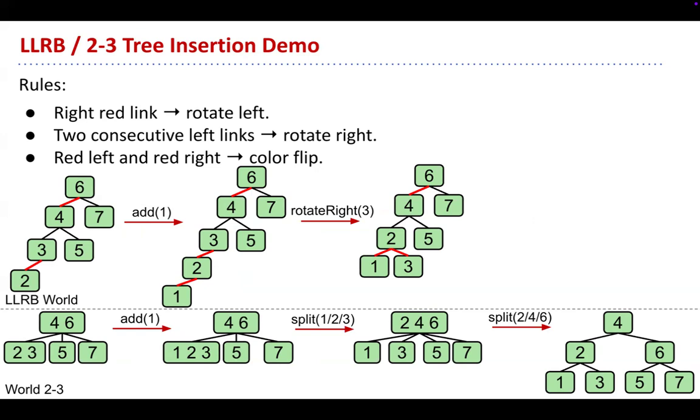That's why we have to color flip. So we can momentarily break the rules to fix it. Basically, but we have to remember, are the red links actually there? Not really. They're just there to help us think about what the structure should look like. That's all it is. It's a conceptual tool to use to figure out how to get from here to here.